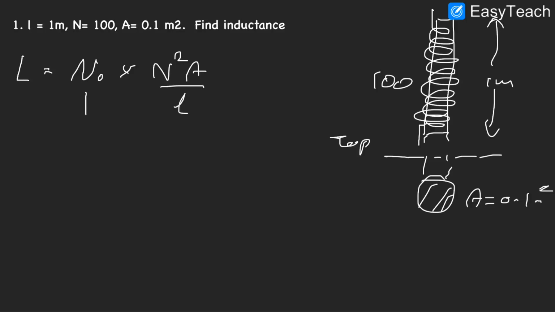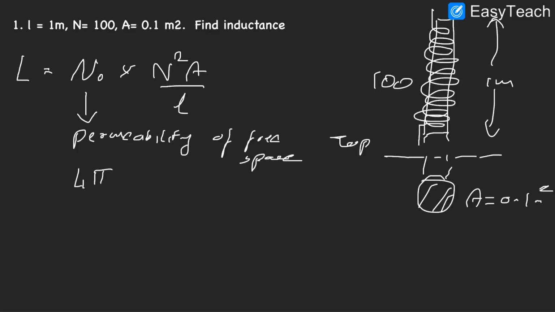So mu naught is called permeability of free space. And this has a value of 4 pi times 10 power minus 7 Henry per meter. So remember, the operation of an inductor works mainly by storing electrical energy in the form of a magnetic field. So when you have a magnetic field, you have magnetic field lines. And not all materials allow magnetic field lines to pass through them at the same capability.